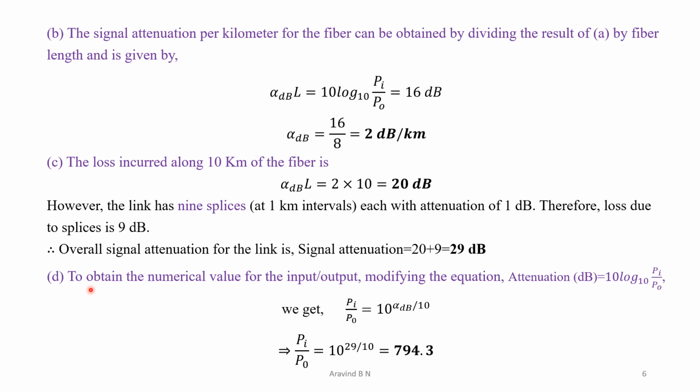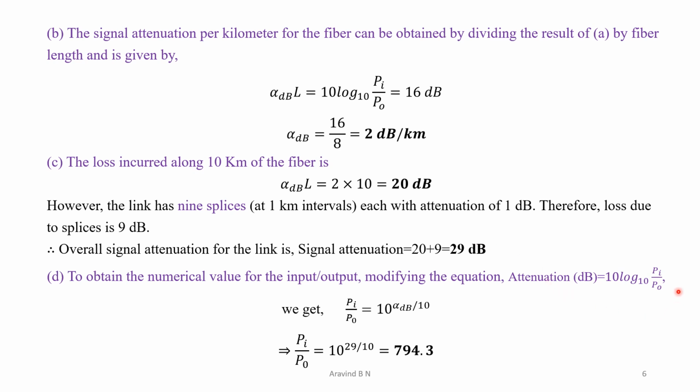Now the fourth sub question, obtaining the input to output power ratio with respect to question C. In question C, we have obtained the overall attenuation as 29 dB. We are going to make use of the 29 dB in order to calculate the input to output power ratio.